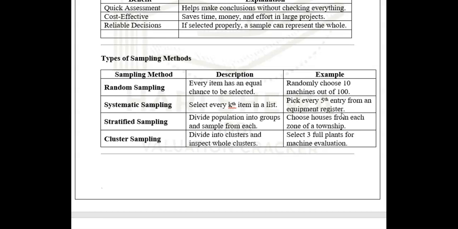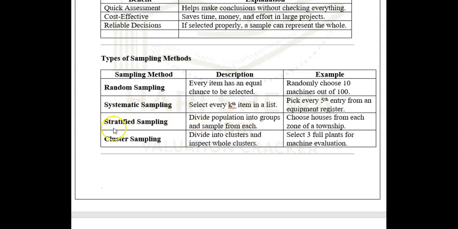You can select 20 samples from the list of total equipment, say 100 equipment. You want to select 20 samples, so you select every fifth item of the equipment. That is called systematic sampling.